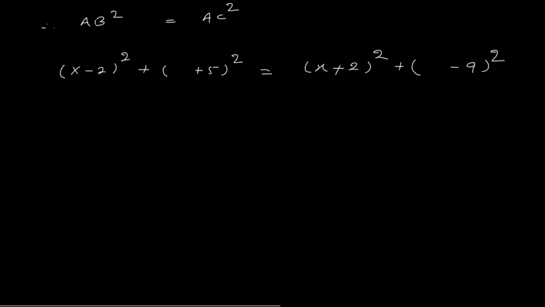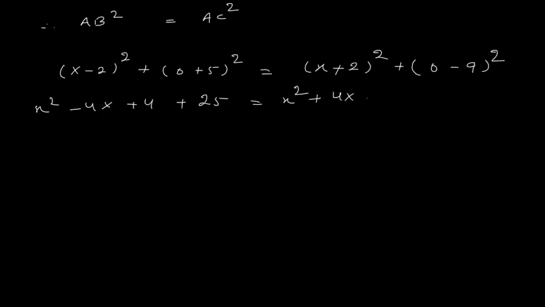It will be x -2 the whole square plus 0 plus 5 the whole square, and here it is 0 minus 9 the whole square. So here it is x square minus 4x plus 4 plus 25, and on this side it is x square plus 4x plus 4 plus 9 9 the 81.